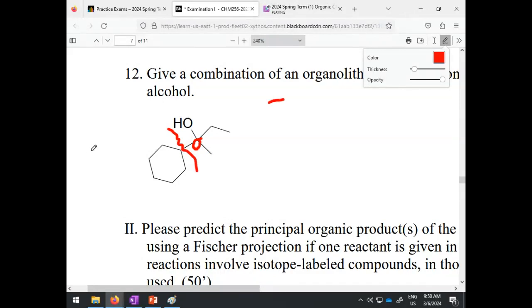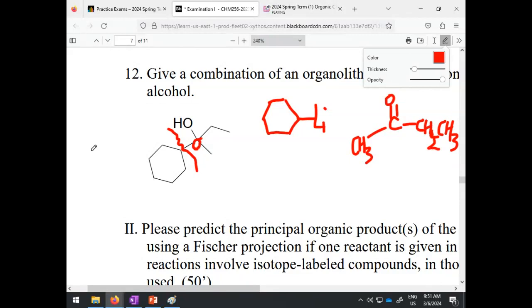Then treat the left side as from organolithium, and the right side 2 substituents and the central carbon as from carbonyl. So this is one possible answer, but not the only one.